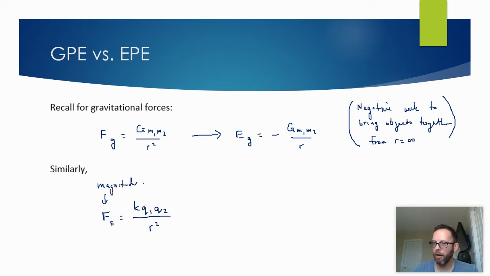But here's where we're actually going to make use of signs when we talk about Q1 and Q2. You can do a similar derivation to show that electric potential energy, the work required to bring two charged particles together from R equals infinity, is given by K Q1 Q2 over R.